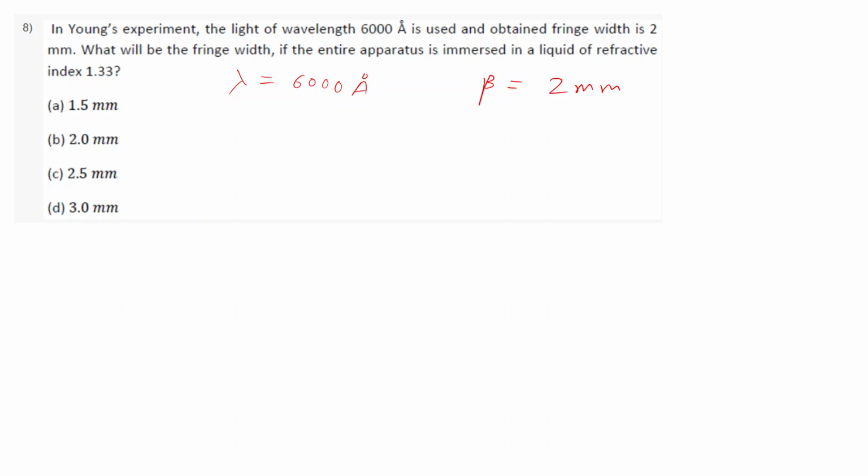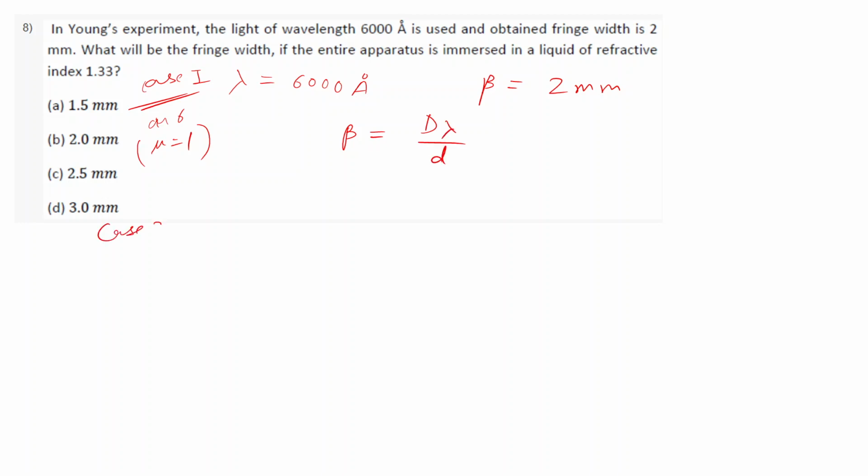Okay, so the twist here is, in case 1, we are doing this Young's double slit experiment in air. Refractive index is 1 for air. These are the given parameters. So fringe width will be, the formula for fringe width is D lambda by small d. This is for case 1.